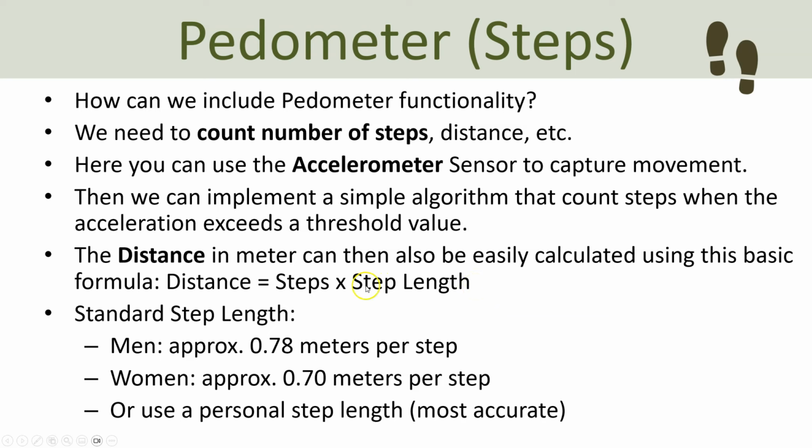And this step length could be different, whether you are a man or a woman, because typically men have longer legs, so you need to use a different value for men compared to women, like this.